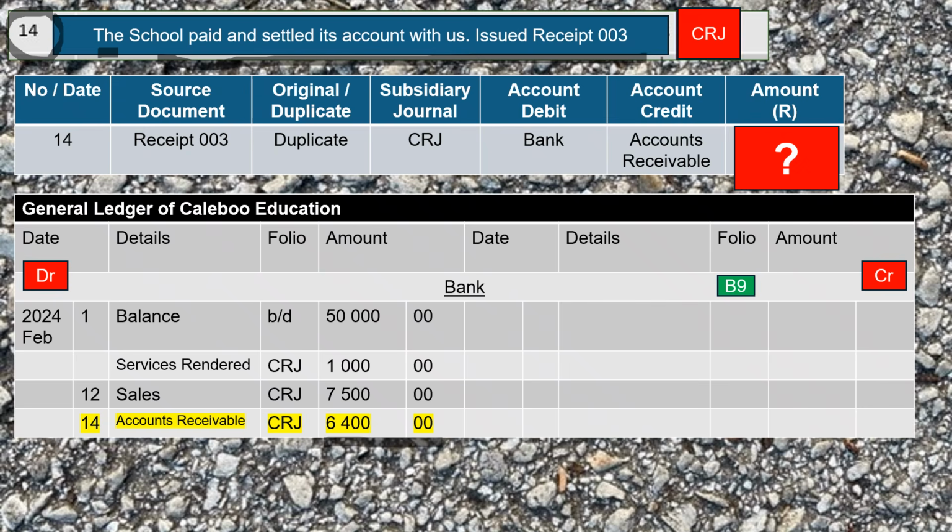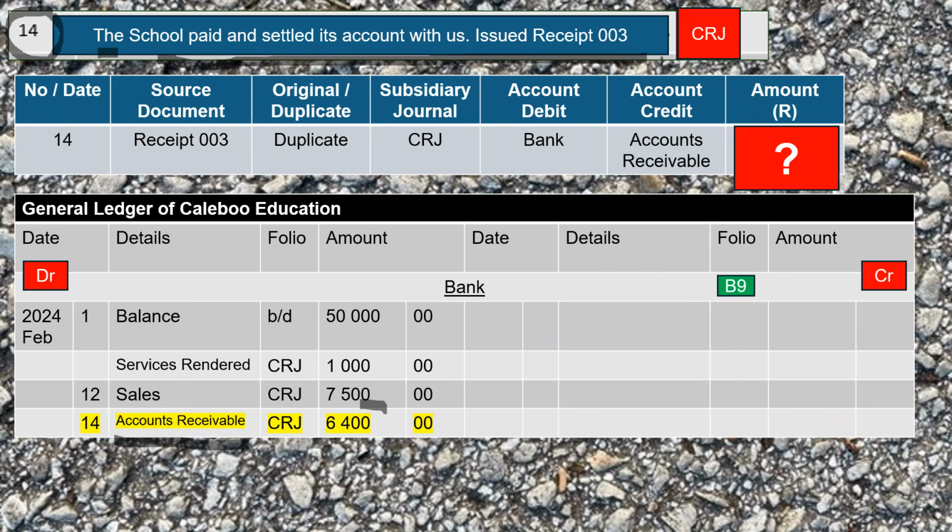It is called the contra account. So the contra account in this transaction to bank is accounts receivable. So there we go. In the bank account we got 4 entries already.